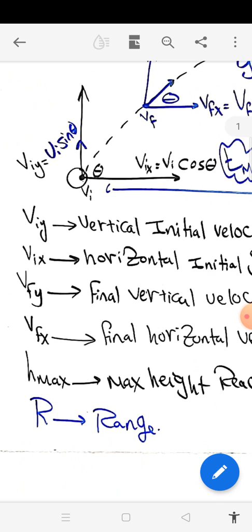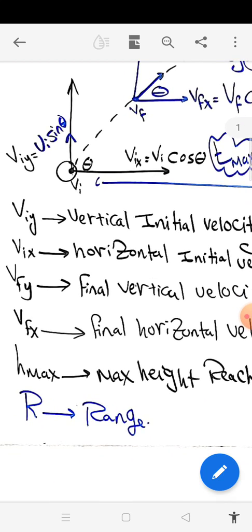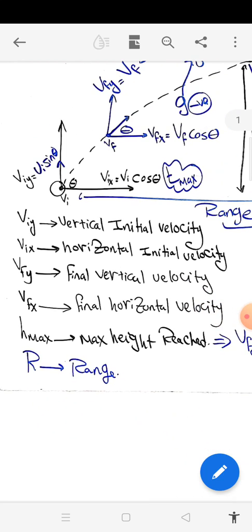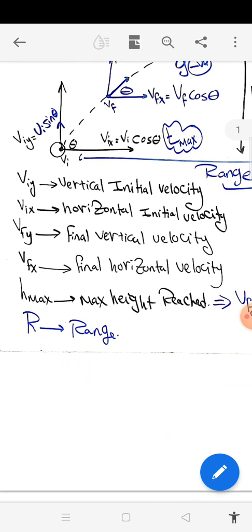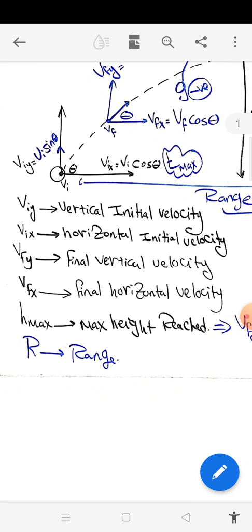You have to know that the ball will have a two-dimensional analysis, so it will have a vertical analysis and a horizontal analysis. Assume that you are making an angle theta with the x-axis. The horizontal initial velocity v initial x is adjacent to theta, so v initial x equals v initial, the resultant, times cosine theta, as the adjacent takes the cosine.